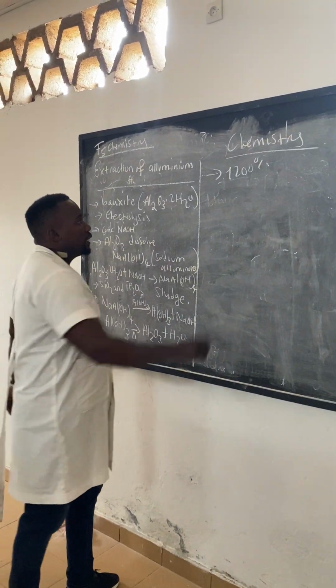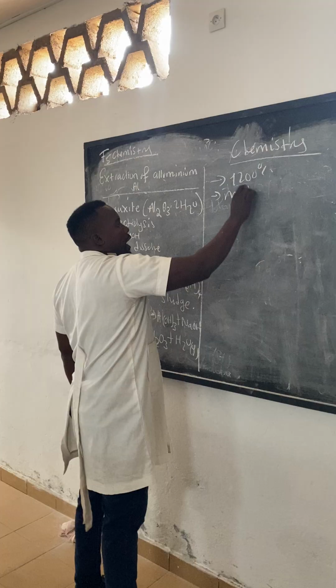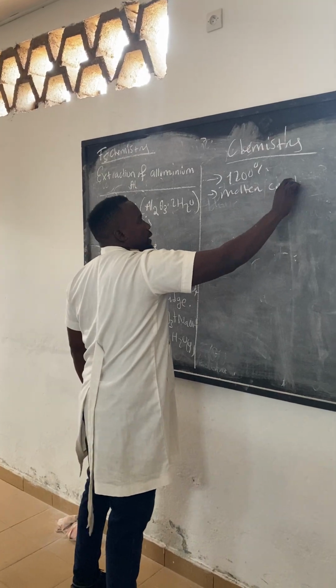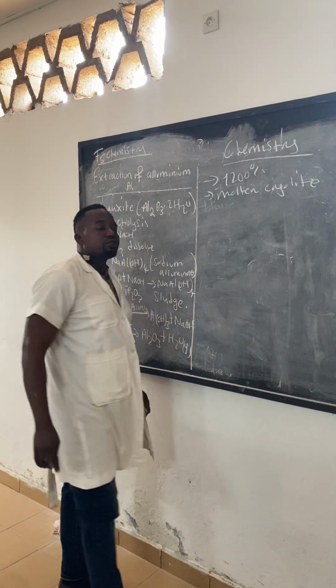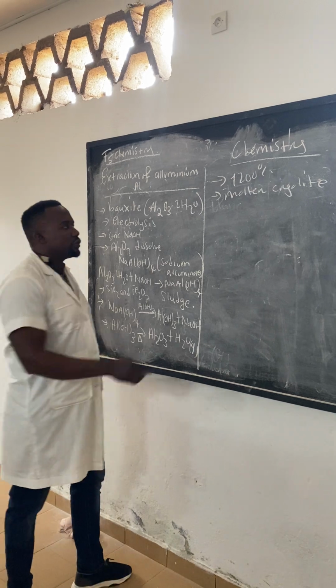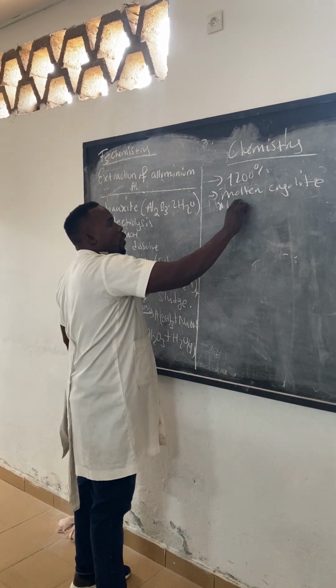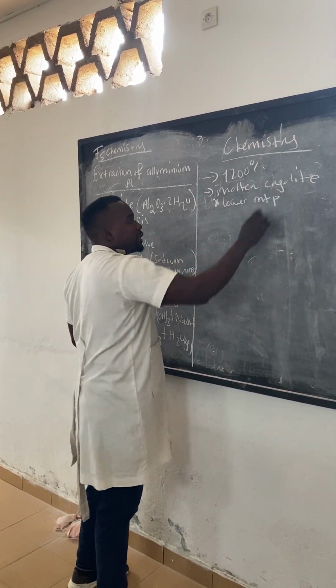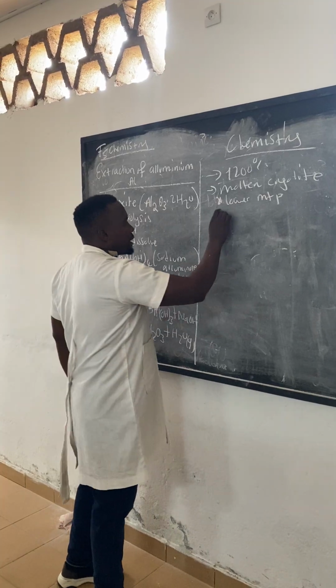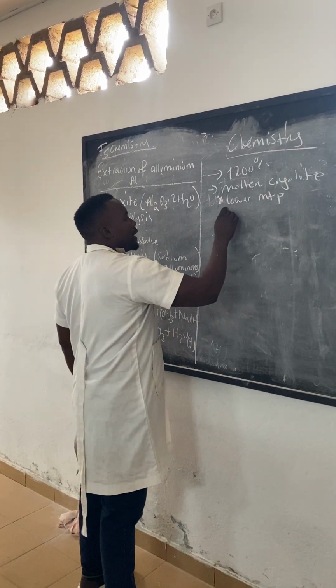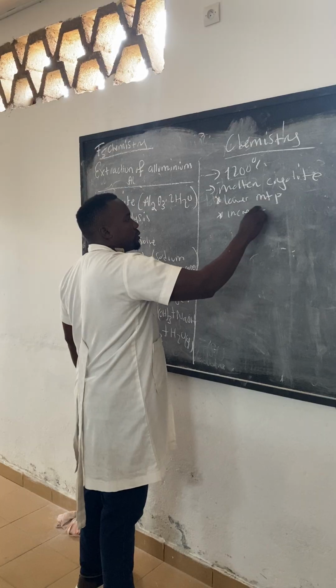For that reason, it is dissolved in a substance known as molten cryolite. Now, it dissolves in molten cryolite for 2 reasons. The first reason is to lower its melting point, since the melting point was too high. And the second reason is to increase its ionization.